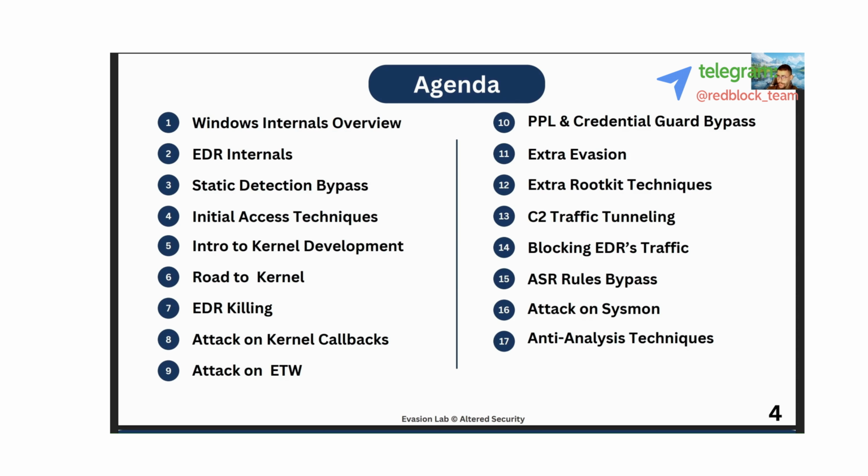By leveraging WFP and firewall rules, we will block the EDR's traffic. 15th, ASR rules bypass, defeating attack surface reduction (ASR) rules. 16th, attack on Sysmon, techniques to evade Microsoft logging tool Sysmon. 17th, anti-analysis techniques, tricks to prevent reverse engineering and forensic analysis.